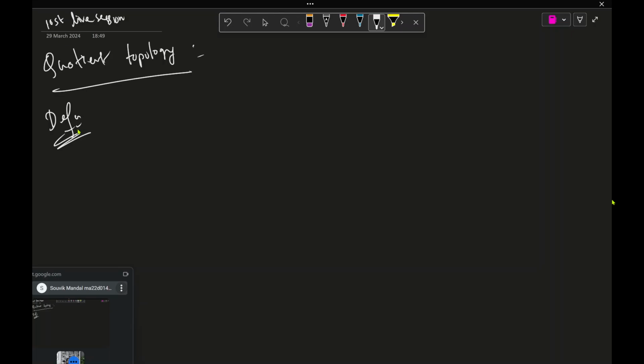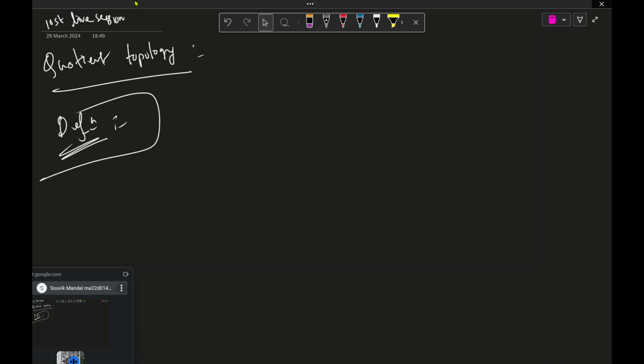But before going to the definition, first we shall try to understand the important question of what the intuition is behind all these things. Intuition is important.